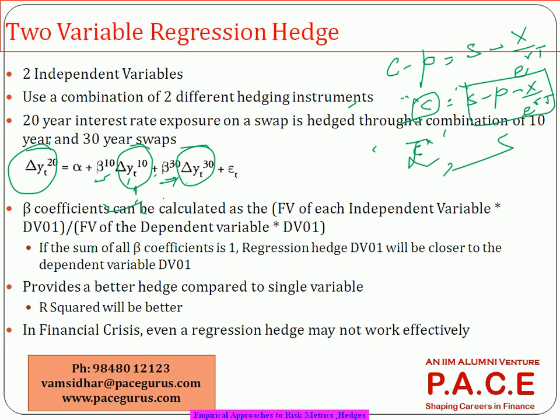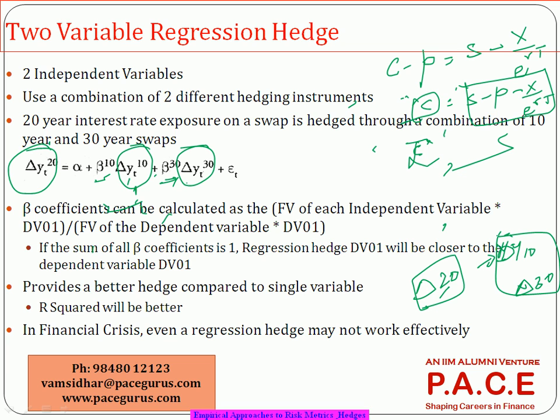The same logic applies here: if the 20-year bond can very well be represented by 10 years and 30 years, then if I am long on this, I'll go short on this combination, which will hedge my complete risk.